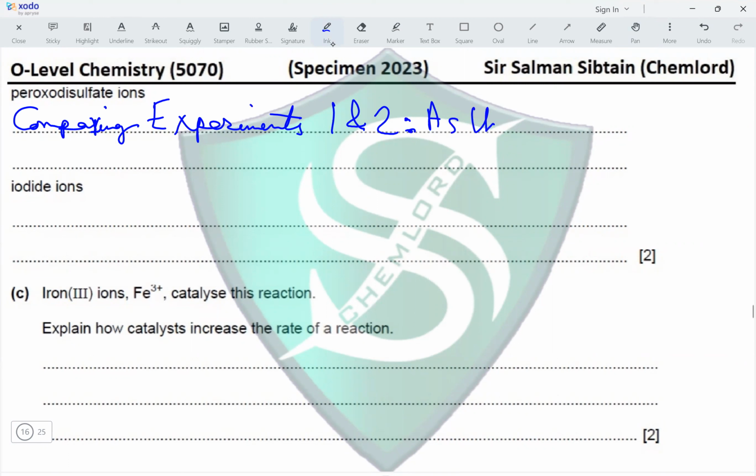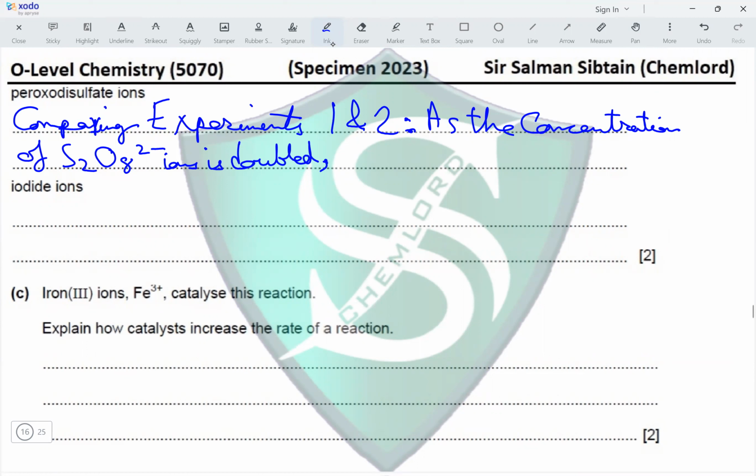As the concentration of S2O8 2- ions is doubled, the rate of reaction also doubles. So this is our conclusion for peroxodisulfate ions.